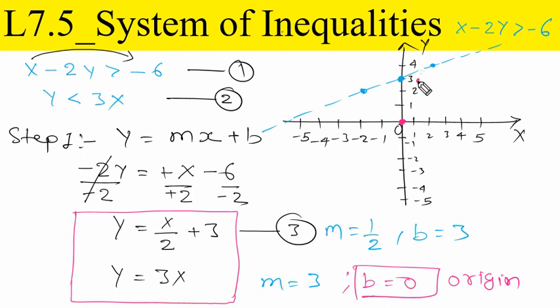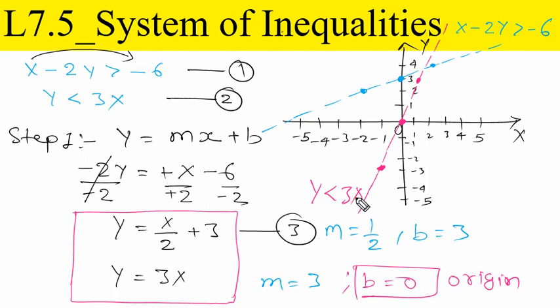So another point will be somewhere here. If you want to go downside, then it will be somewhere here. Again a dash line because it is a less than sign. Connect the dots and you have your graph for both lines. This is for y less than 3x.